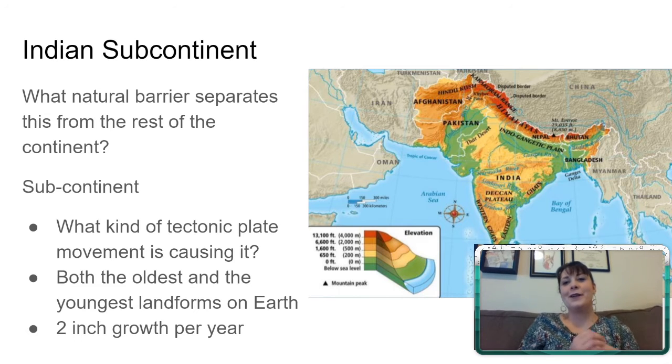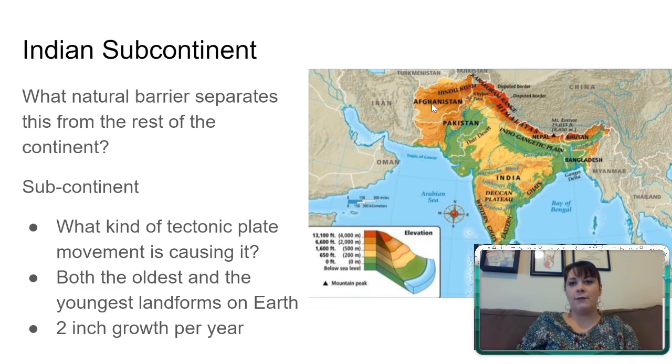So, we're looking at the Indian subcontinent. It's a subcontinent because it has its own tectonic plate. Normally I ask, what natural barrier separates this from the rest of the continent? It's the Himalayas, right? So we've got lots of mountains up in here.